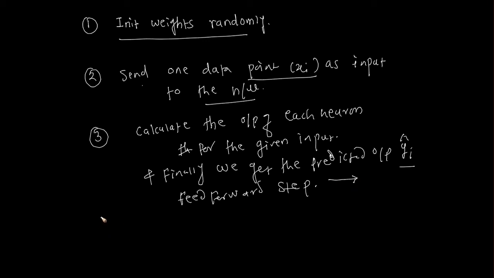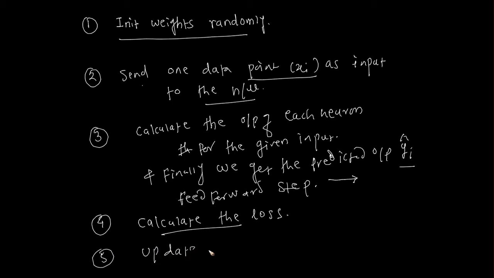And then step number 4 is calculate the loss. Calculate the loss for that particular data point xi, so we are calling this loss Li. This loss is only for that particular data point xi.